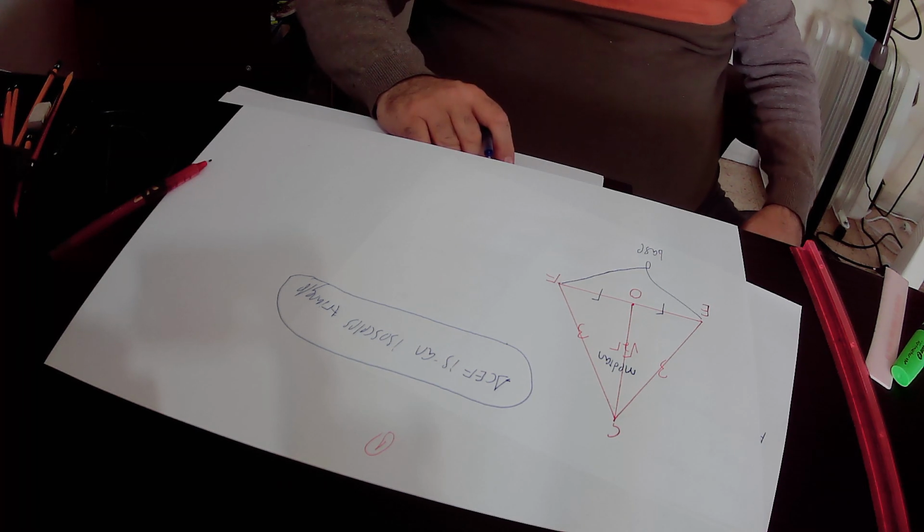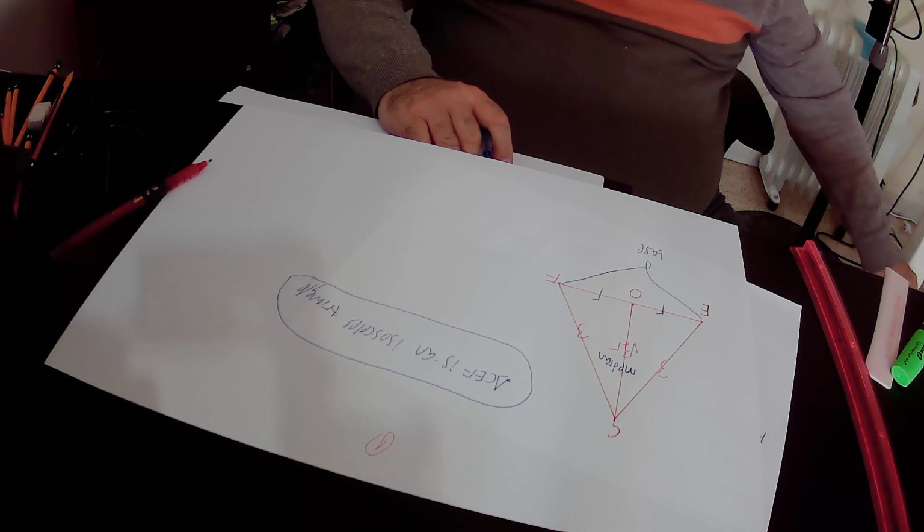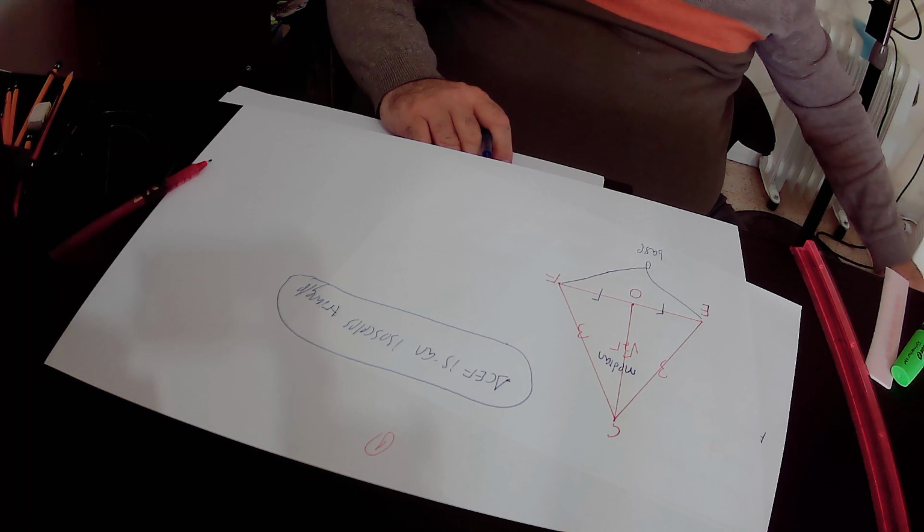And we also have a new rule that is related to the median of an isosceles triangle, rule number 4.